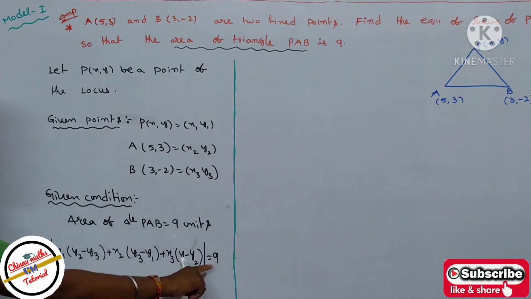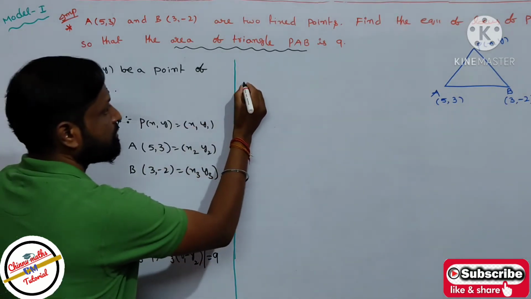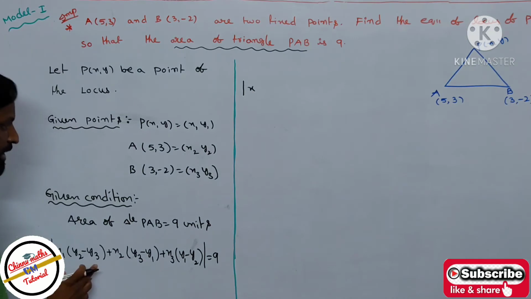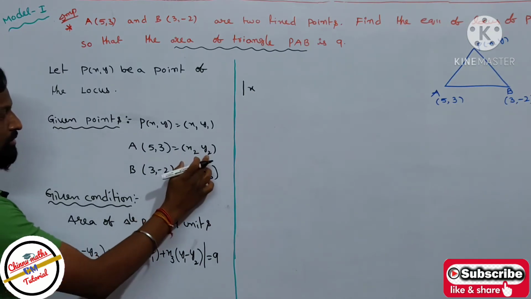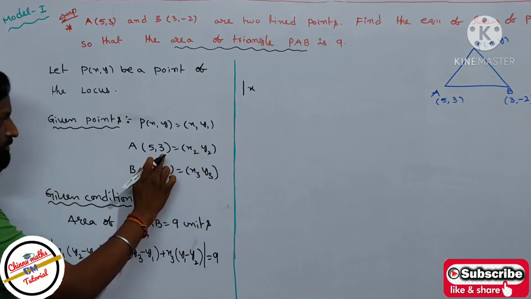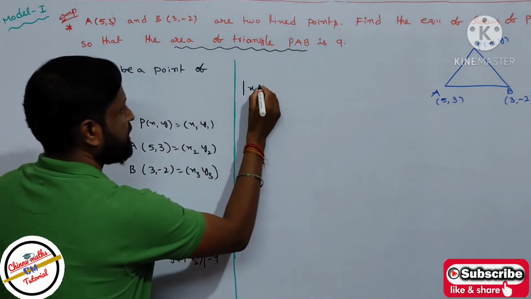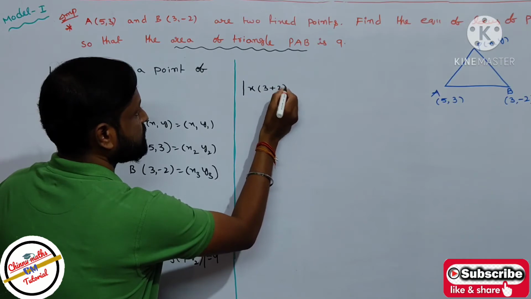By taking the cross multiplication, 2 into 9 equal to 18. Write in next step. What is our x1? The modulus of x1 means x, (y2 minus y3), y2 value equal to 3 minus y3, y3 equal to minus 2, minus into minus plus 2. So then 3 plus 2.